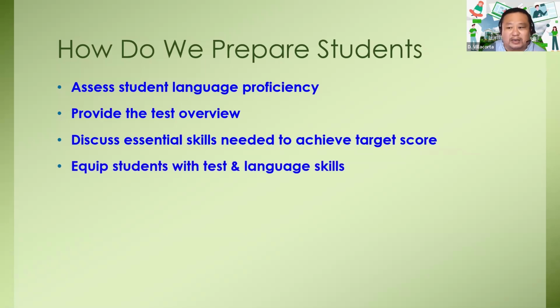Eventually, we would help you be equipped with test and language skills. So usually, depending on your language proficiency, this may last from, let's say, a few weeks to a couple of months so that you'll be able to hit your target score.